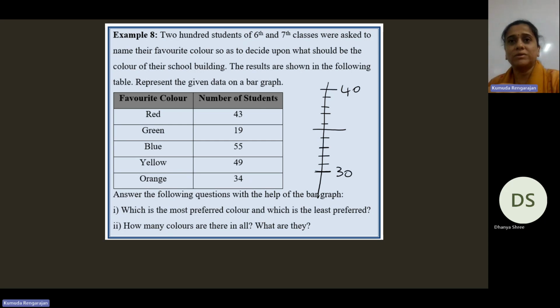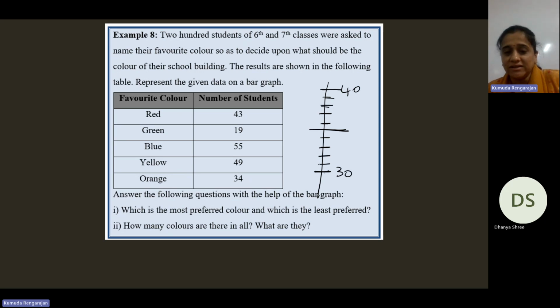Yeah, these markings will be there, but will not be so wide. Scale, yes. Correct. So it will be like this. Okay, so this is 30, 31, 32, 33, 34, 35, 36, 37, 38, 39, 40. Got it?